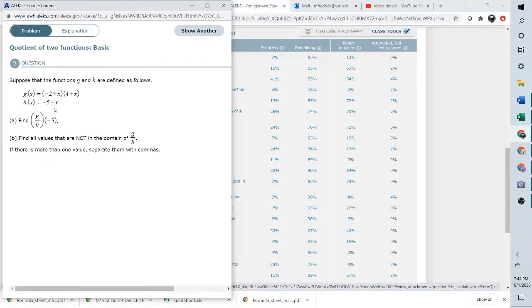So find it for x first. Kind of do this one backwards. Find the domain first and then do a.